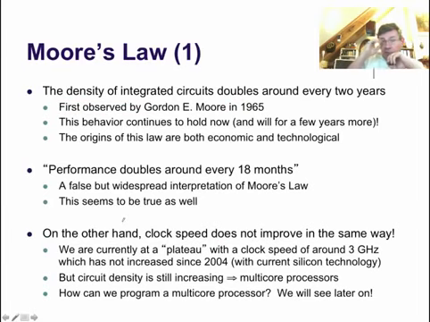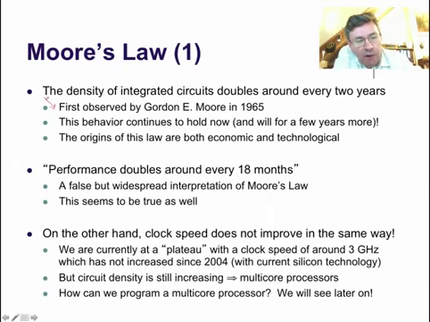So let me talk first about Moore's law. Gordon E. Moore, one of the pioneers of integrated circuit design, first observed this law in 1965. So for almost 40 years this law has been holding. What it says is that the density, in terms of transistors per square centimeter of integrated circuits, doubles around every 2 years. How can that be an empirical law?